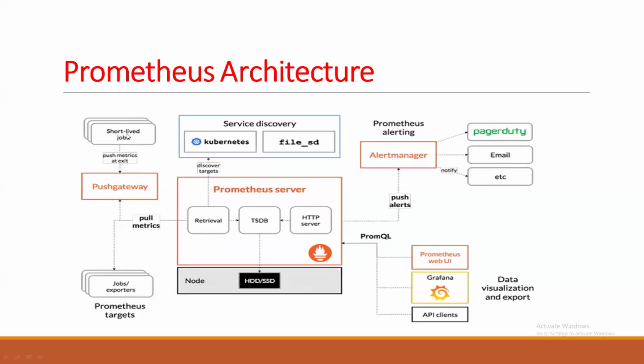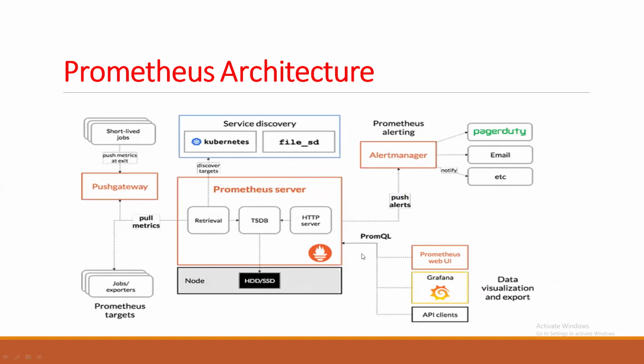Short-lived objects like pods push metrics through jobs and exporters. Prometheus targets pull the metrics and retrieve them through the HTTP server. From there we push to the alert manager, and the alert manager pushes to PagerDuty or email. Once we get the page, we check which service is having a problem.